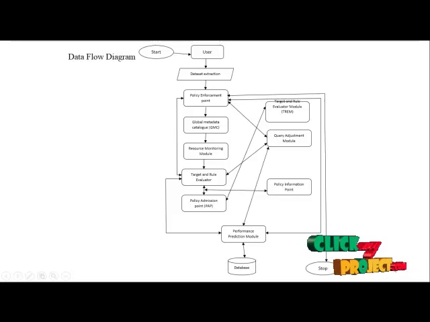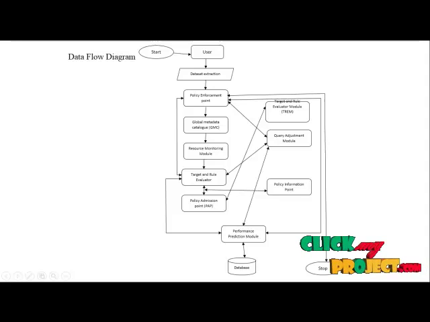It's stored in the database, storing the data and the queries, and it's sent to the TRM, that means the target rule evaluator, which is in the resource monitoring model.